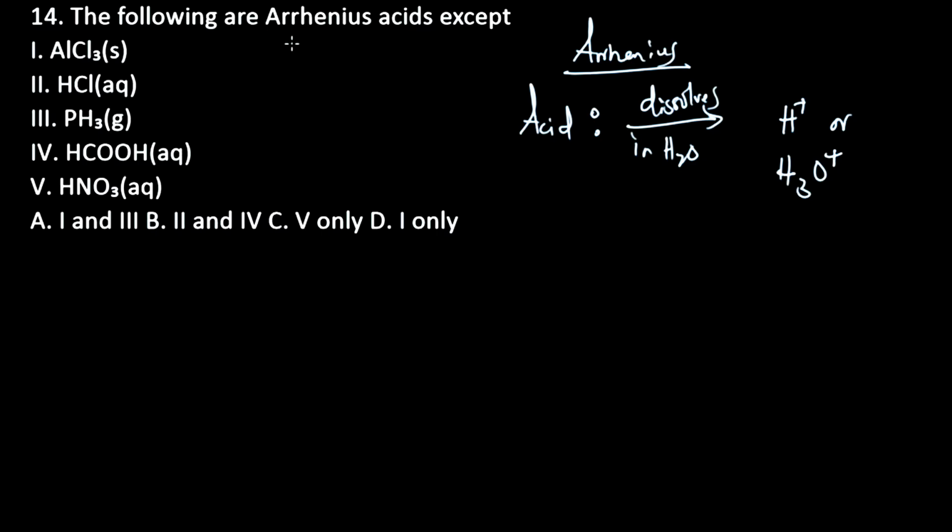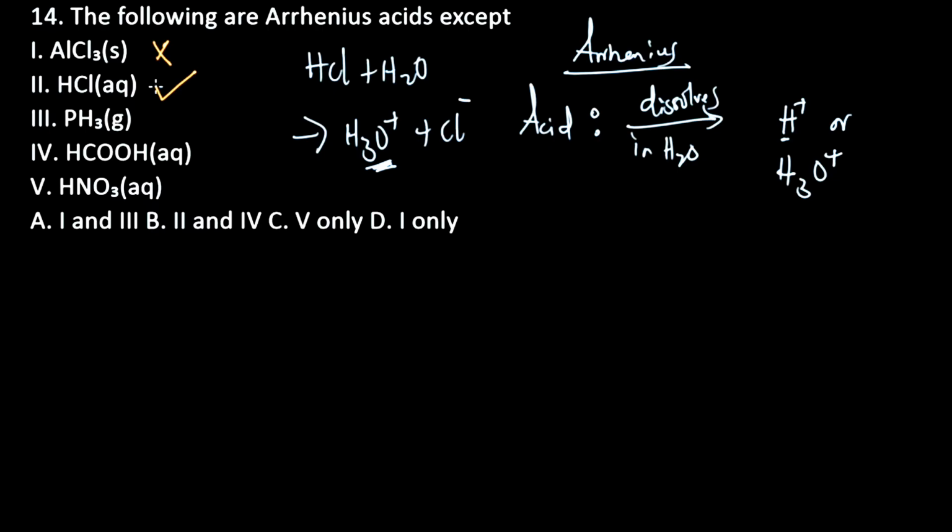One of the limitations of the Arrhenius definition of acid is that it limits acids to compounds containing hydrogen ion. HCl is an example of an Arrhenius acid, because when it dissolves in water, it will give H3O plus and Cl minus. That's the definition of Arrhenius acid. But looking at this, there's no way this will produce H3O plus or hydrogen ion in water. So this is not an Arrhenius acid.